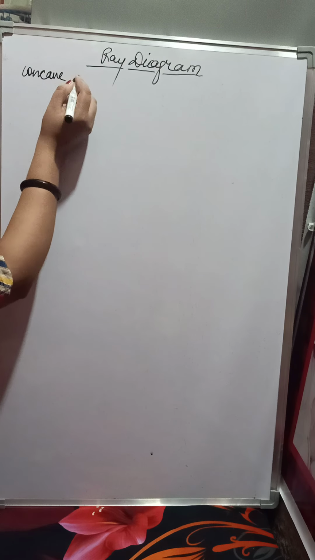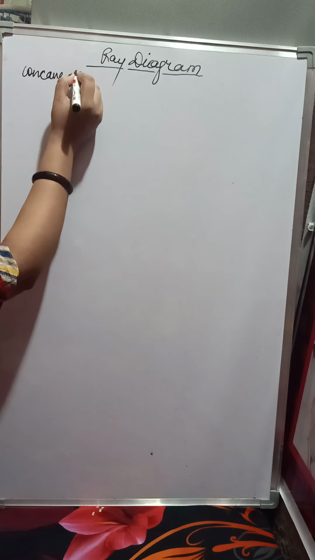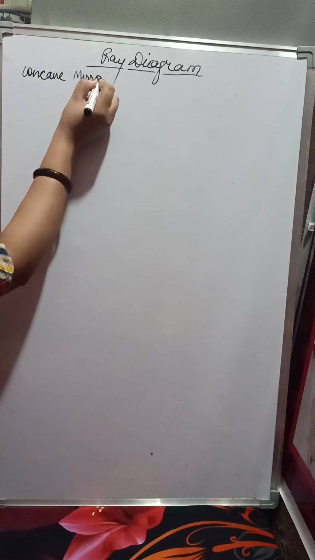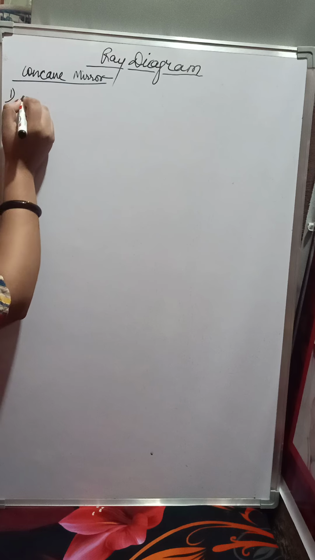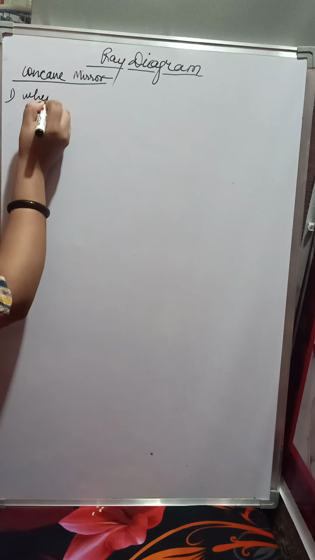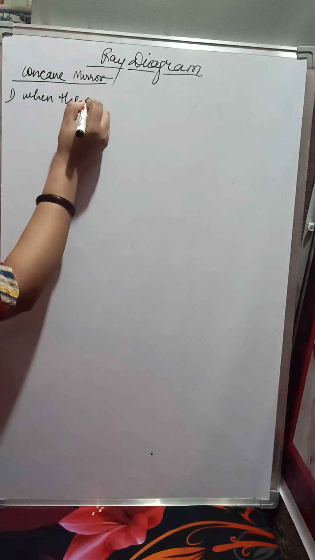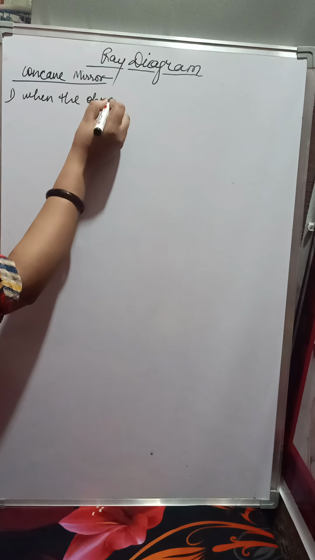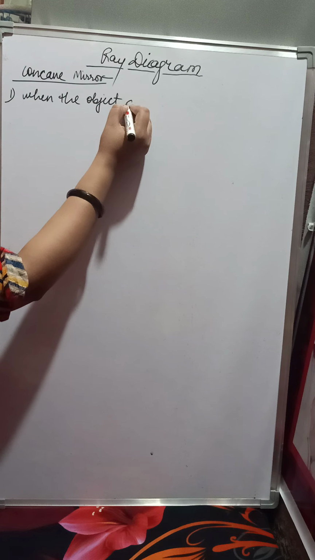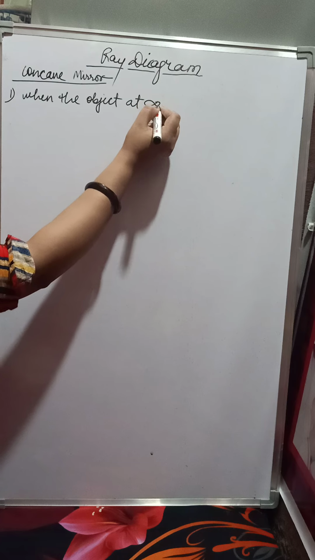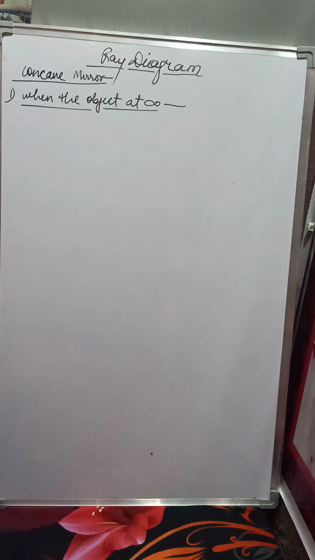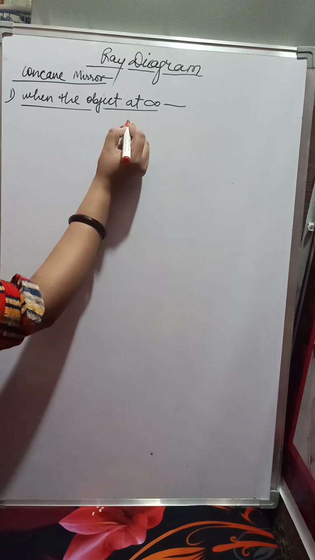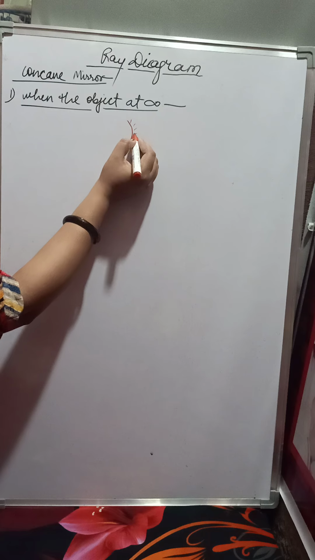First we will write for concave mirror. The first condition is when the object is at infinity. When the object is at infinity, how can we draw the ray diagram? This is the concave mirror.